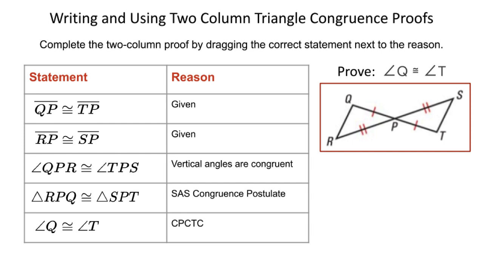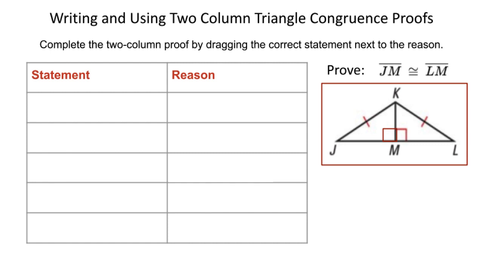Now we're going to try a two-column proof where I haven't given you the statements or the reasons. All I've given you is the diagram, some markings, and a statement that I want you to prove. How would you get started on this example? Hopefully you know that we always start with the given information.